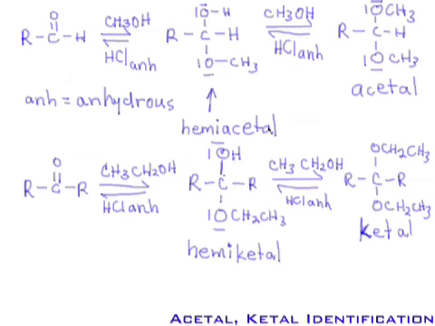How do we identify hemiacetals, acetals, hemiketals, ketals? Well, some simple rules. To be in the hemiacetal, acetal, hemiketal, ketal family, what's the first thing? Well, to be one of those four, I must have single bonds to carbon and two oxygens singly bound to carbon.